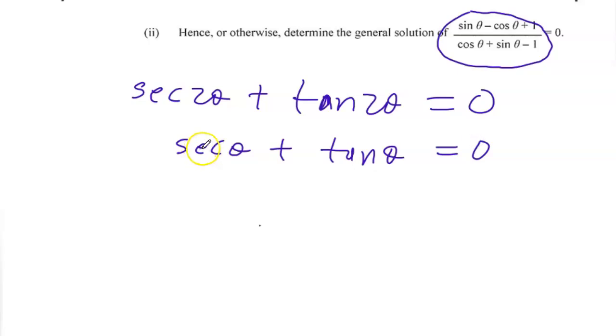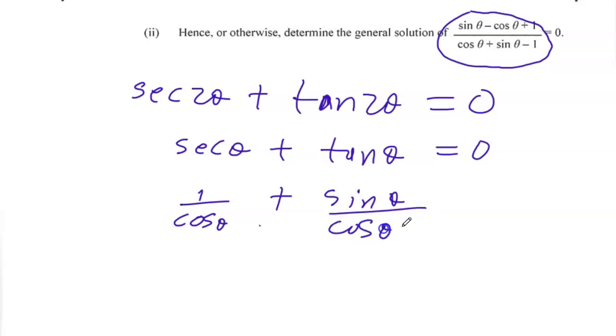Now, what is sec? Sec is 1 over cos. So 1 over cos theta plus sine theta over cos theta is equal to 0.